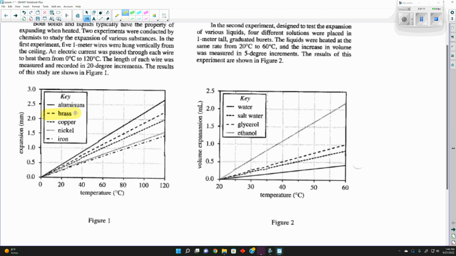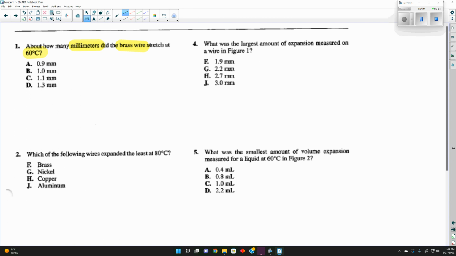So any of the graphs that have this kind of symbol here. We're looking at this equation here. What else did it tell us? 60 degrees Celsius. So this here. And where do they cross? So how far did it stretch?